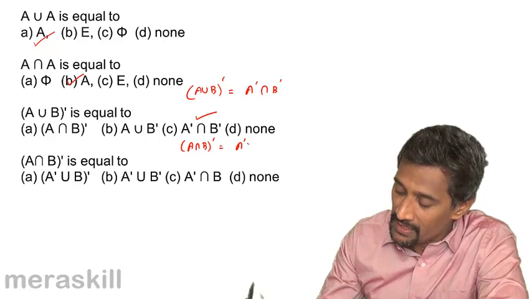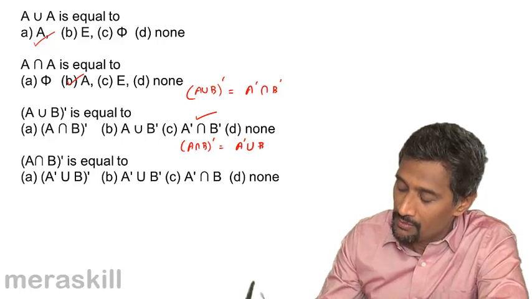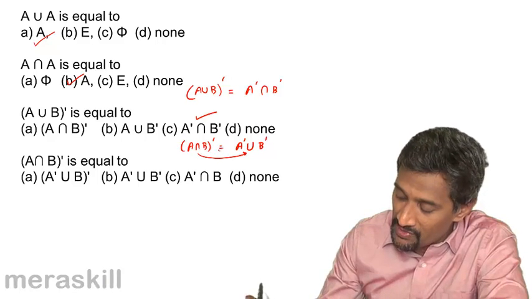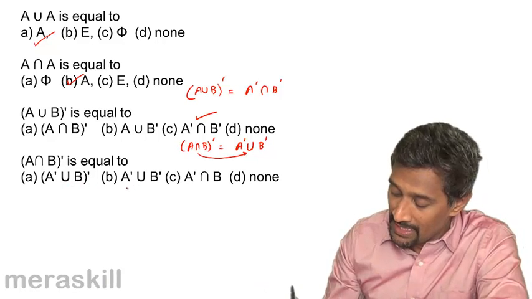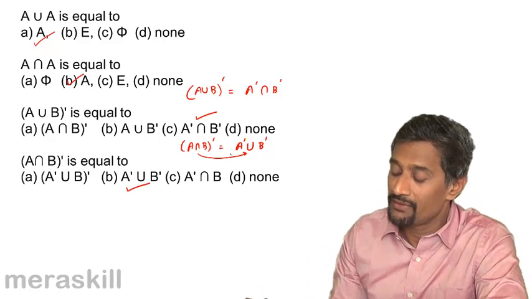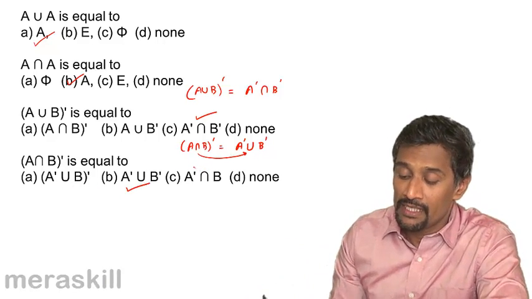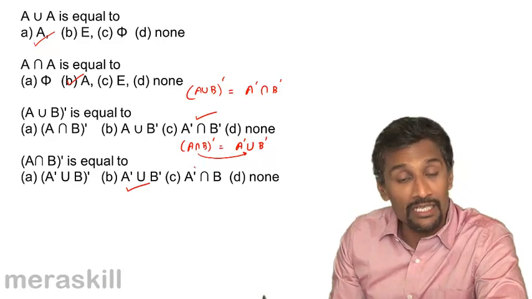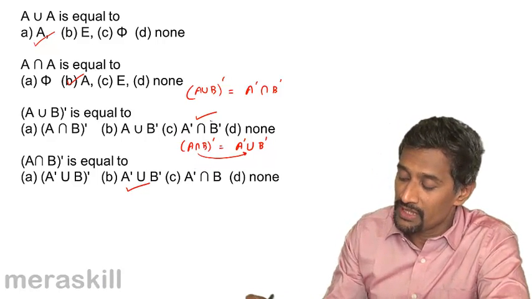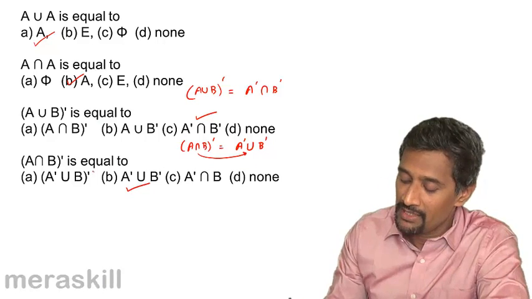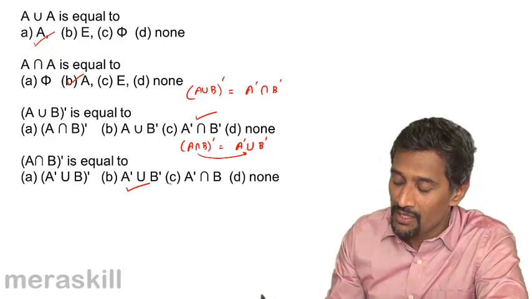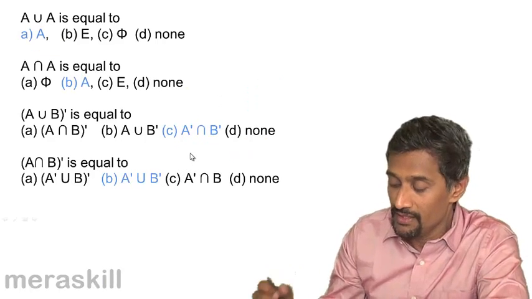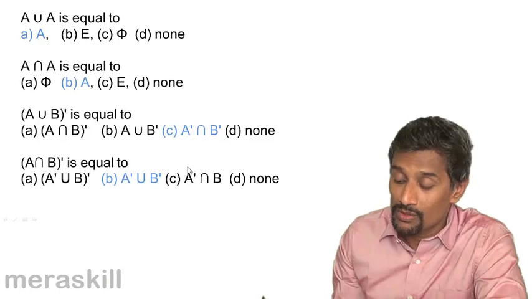You change the intersection to union, remove the bracket, and you get A dash union B dash. So we have these as the options. That is, A union A is A, A intersection A is also A, complement of A union B is A dash intersection B dash, and complement of A intersection B is A dash union B dash. Yes, it tallies with what we did.